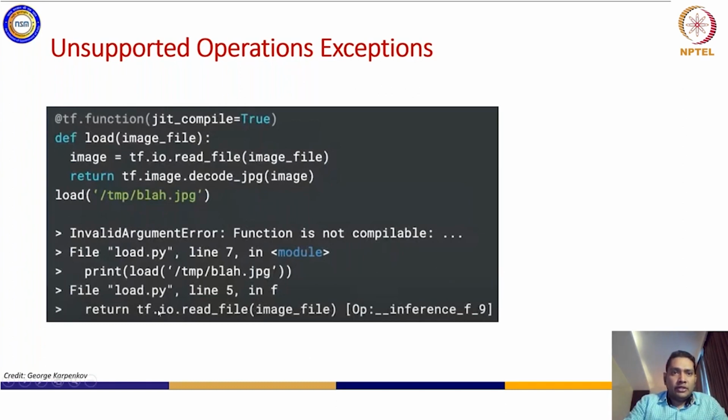It returns that this is the error, and this is the reference: basically the image decode that you are using to process this data or while loading the data. You wanted to optimize this process with the tf.function runtime, and this operation is not supported, so it will give an error. If you don't know, of course, you can get a list of supported operations on TensorFlow.org, and you can go to XLA and see the HLO optimizer or IR and which operations are supported.